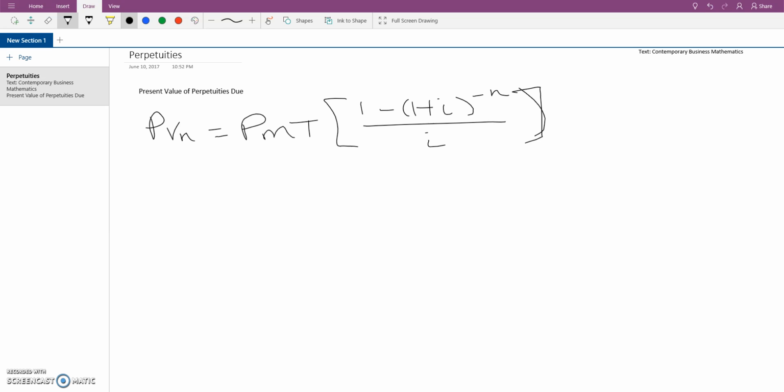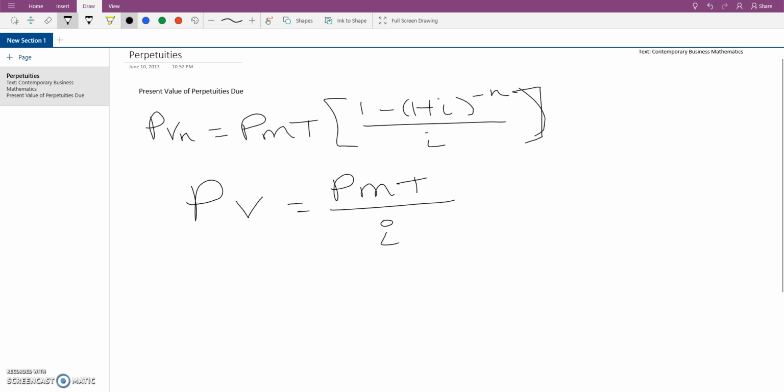It breaks down as n increases and approaches infinity. The factor (1 plus I) to the power of negative n approaches 0. Thus, the formula for finding the present value of an ordinary simple perpetuity becomes PV equals payment over interest.